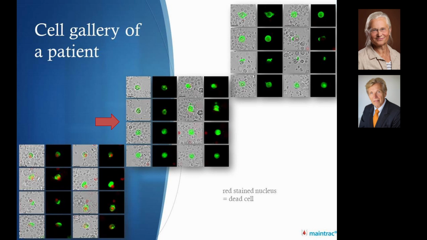That's the middle gallery. And the lowest gallery is the cells that have a permeable membrane so that a red stain, the propidium iodide, can enter the cells, and the red nucleus signifies that this is a cell in the dying process. For evaluation, we only use the living cells on the right side.